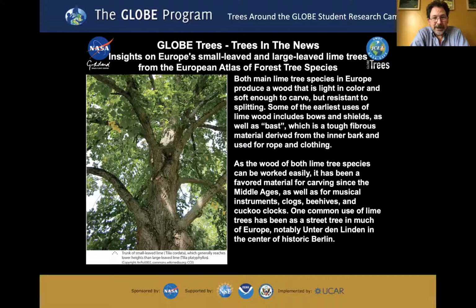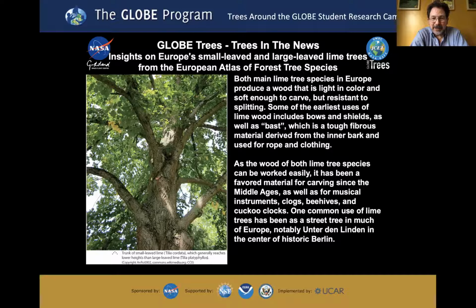And I don't know about you, but I used to like to climb trees when I was a kid. I don't do that anymore, but that sure looks like a great place to go vertical, you know, see the world from up above. But there's all sorts of things that you can do with the tree itself, and obviously people have been using it for many purposes for literally hundreds, if not thousands of years.